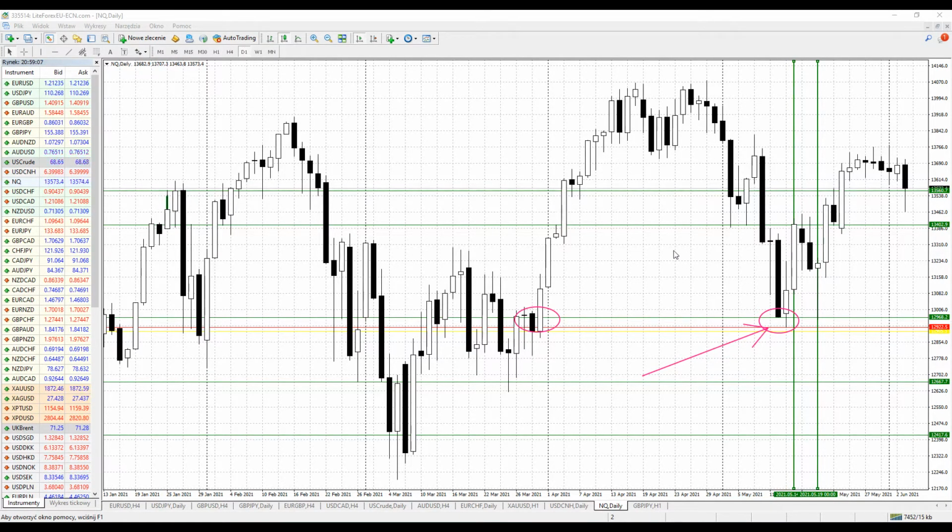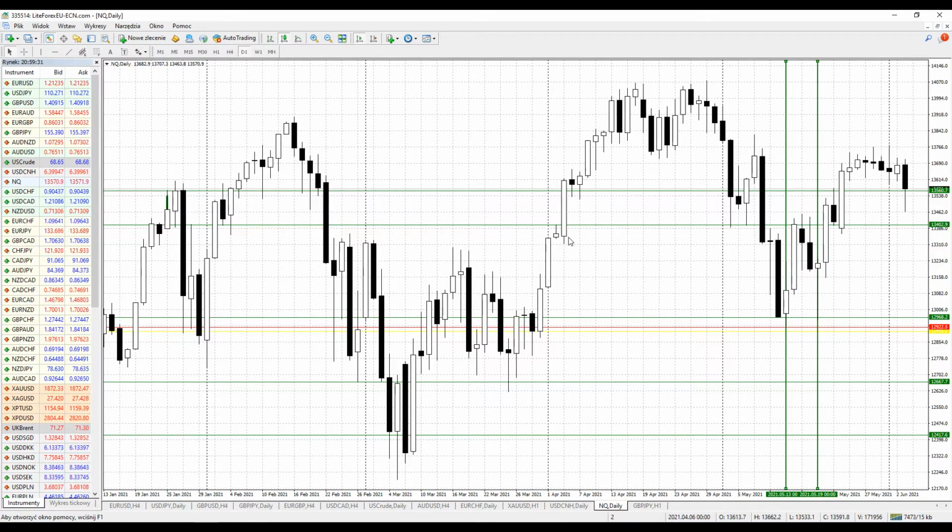I was looking at this big black candle down day, particularly for a lower low and a move back above the previous day low. So we know the scenario based on the daily chart.